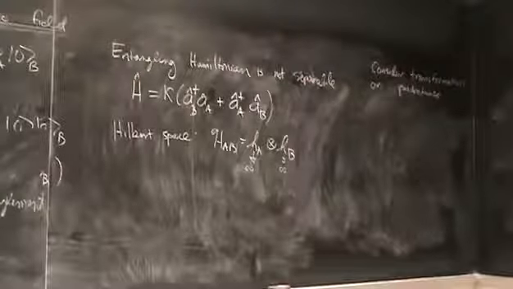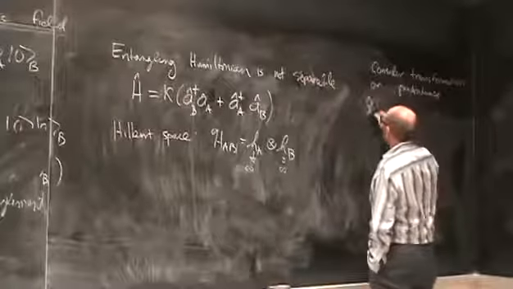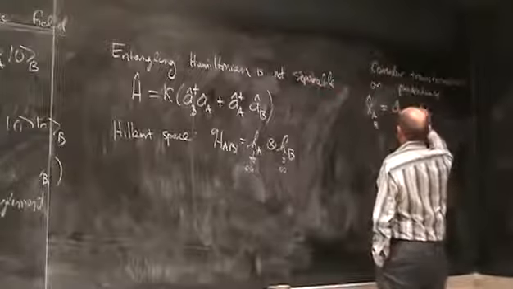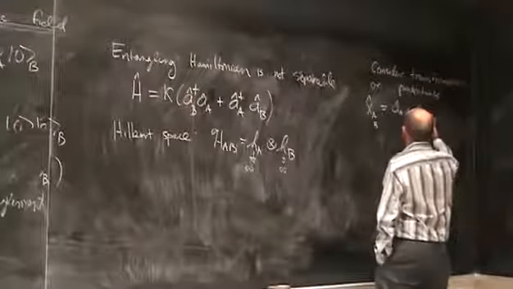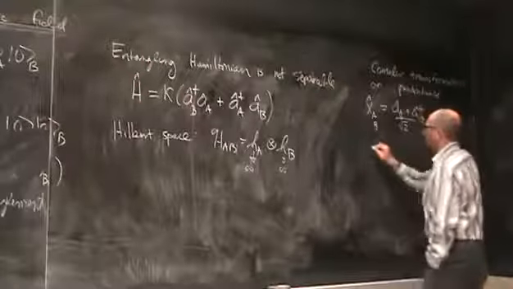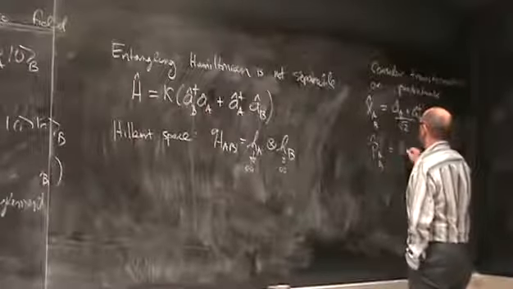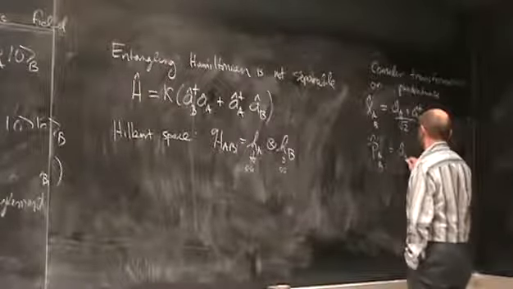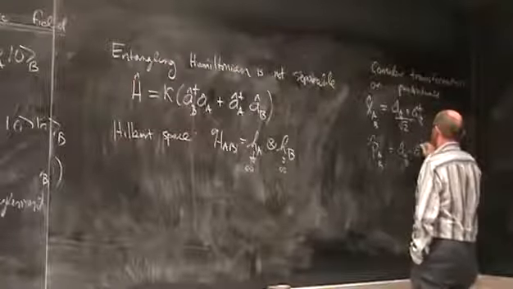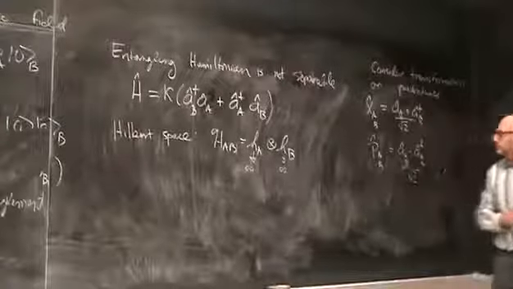So my quadratures for K and D are defined in terms of position and momentum like operators in terms of these harmonic oscillators.